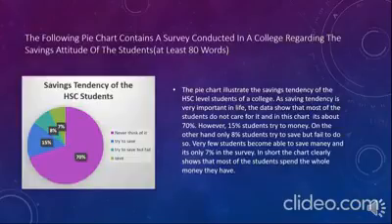On the other hand, 15% of students try to save money during their student life. Only 8% of students try to save, but they fail to do so. And very few students are able to save money, and it is only 7% in the survey report.